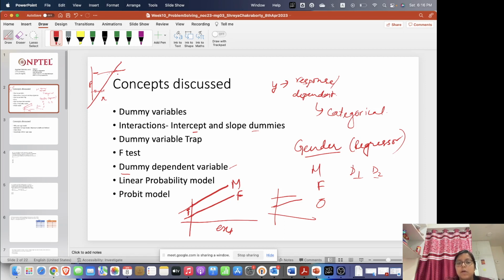The approach I was just describing models the probabilities in a linear fashion, which has certain disadvantages: the estimated probabilities could be more than 1 or less than 0, and it would not be wise to cap those at 0 and 1.